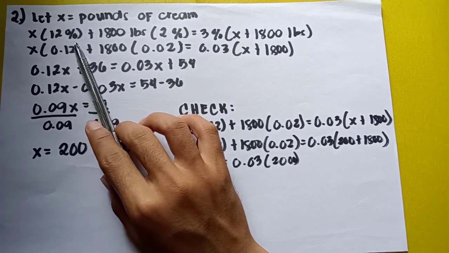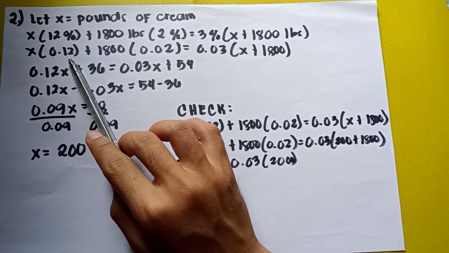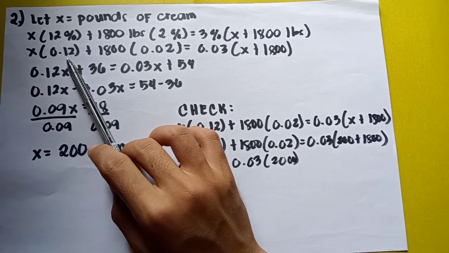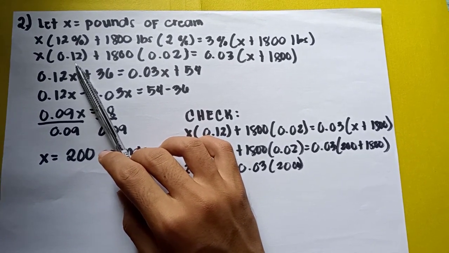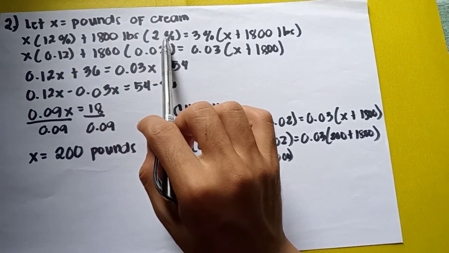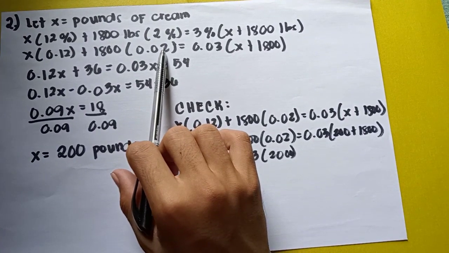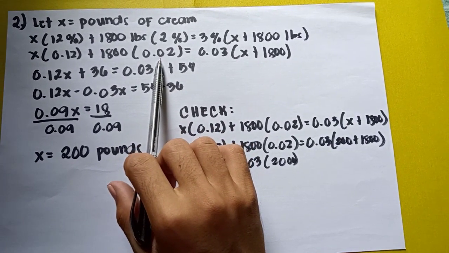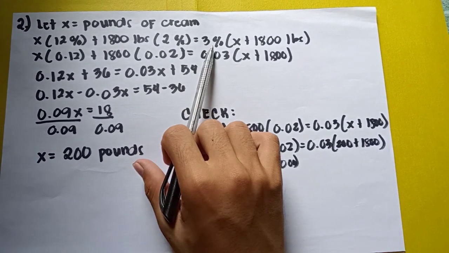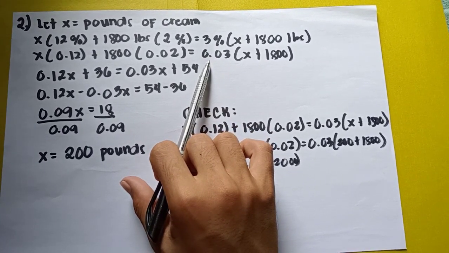So 12%, when you convert it into decimals, will be 0.12, and then 2% will be 0.02, and then 3% will be 0.03.